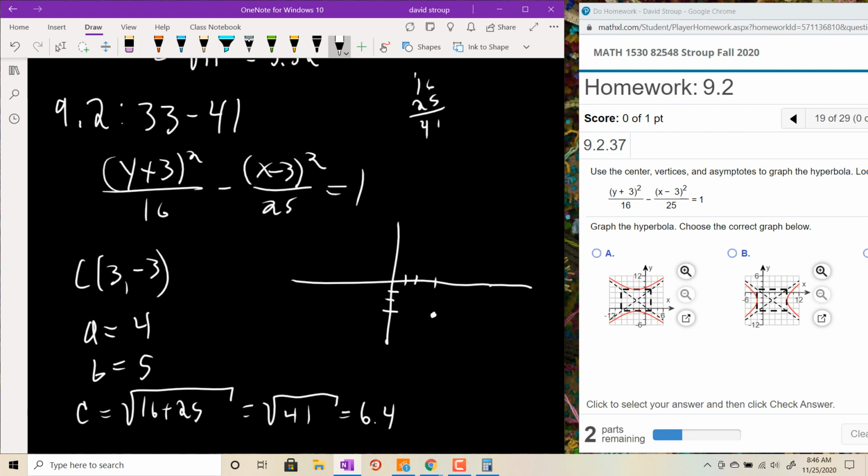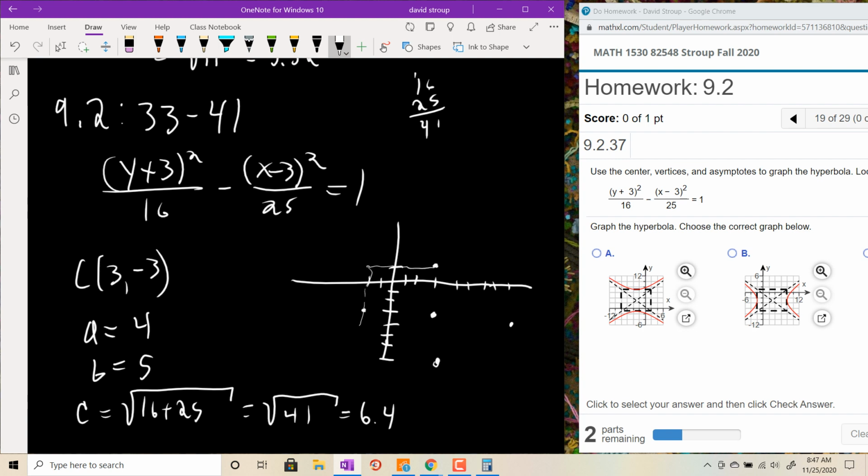1, 2, 3, negative 1, 2, 3. It's right here. The orientation, the branches are going to be on the top and bottom there. So I'm going to go up 4. 1, 2, 3, 4. And down 4. 1, 2, 3, 4 for the bottom of the box. And then left and right by 5. 1, 2, 3, 4, 5.